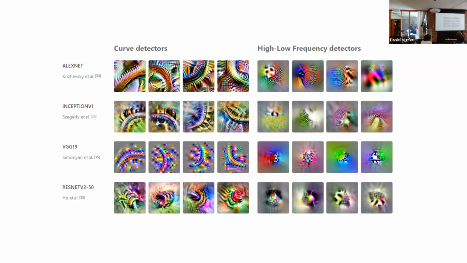So you have these curve detector neurons, which are detecting curves. You have these high-low frequency detector neurons, which are detecting changes in frequency. And these seem to appear no matter what architecture you use, what initialization you use for your model.